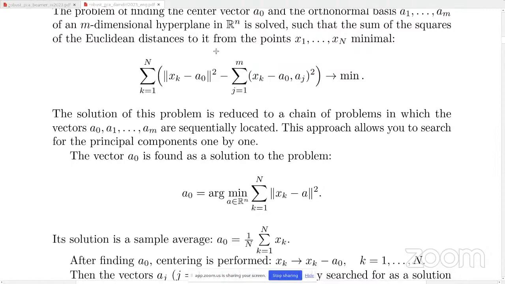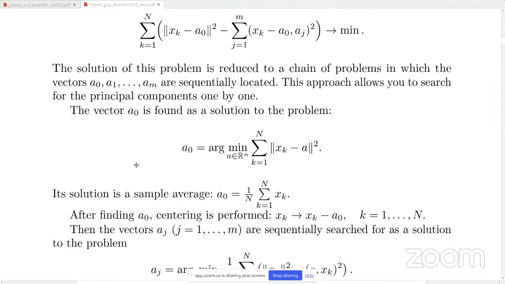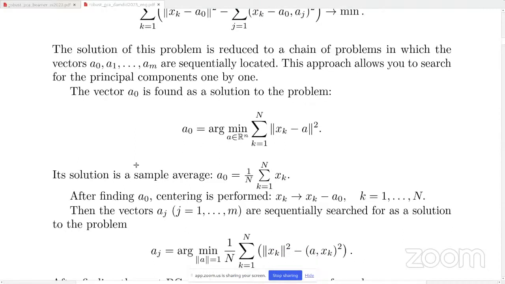First, we try to find the center of the cloud of points, which is the origin. We find it as the solution to the problem of the center. The center is such a point that the sum of the squares of Euclidean distances is minimal. The solution is well known: it is the average of the points.